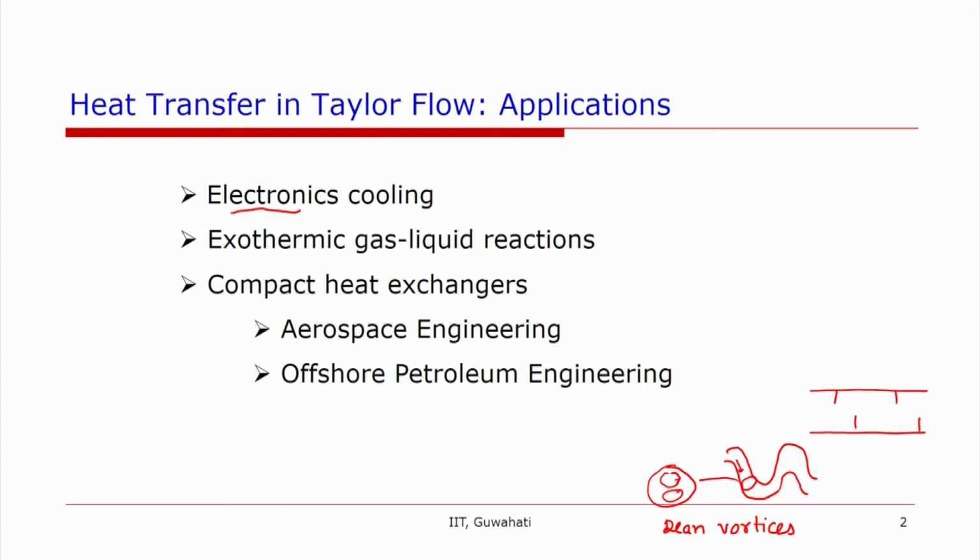Or one can have another means of mixing, where the flow is segmented, that is, generate a Taylor flow regime using bubbles or droplets. If one uses bubbles, then one is just segmenting the liquid flow and enhancing the internal recirculations, and the heat transfer is increased significantly, 2 to 3 times depending on the flow conditions.